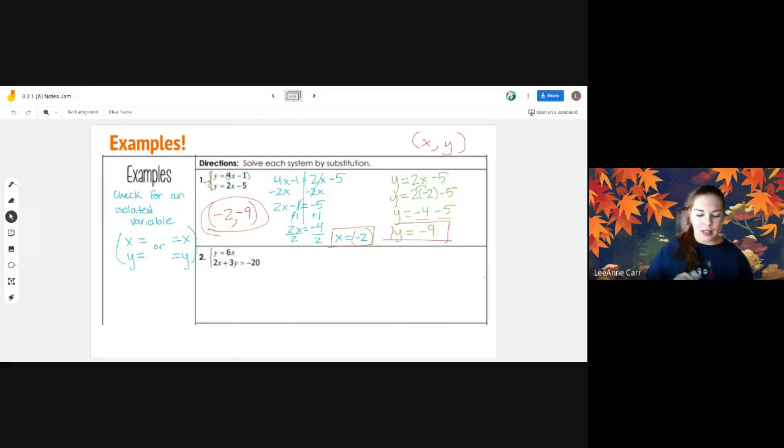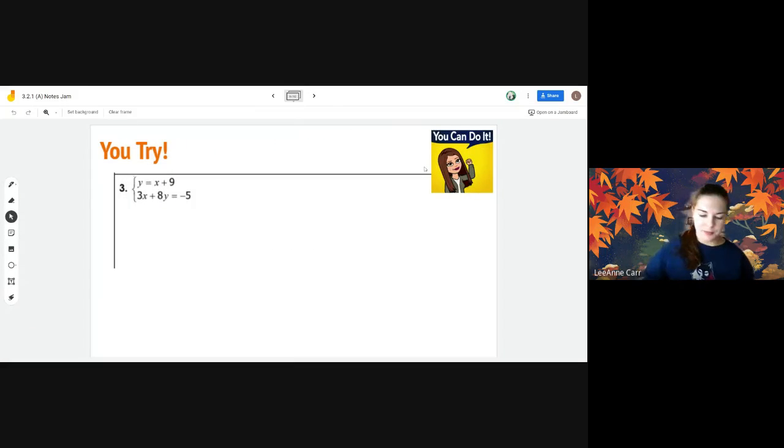All right, let's check out a different type of example that we might see. I'm going to skip ahead to this one. All right, so again, we are going to do that first step, which is check for an isolated variable. In this case, again, remember we are looking for an x equals, a y equals, an equals x, or an equals y.